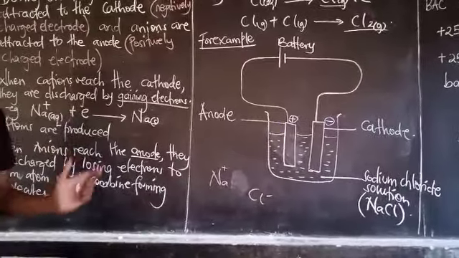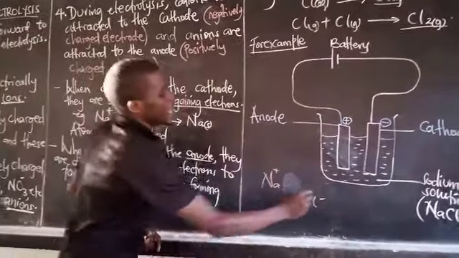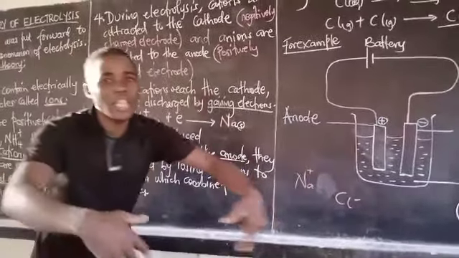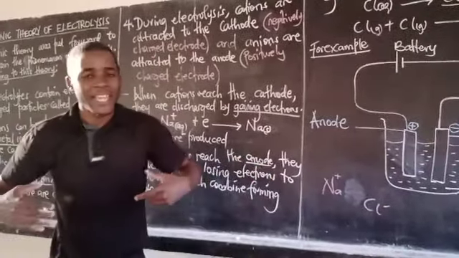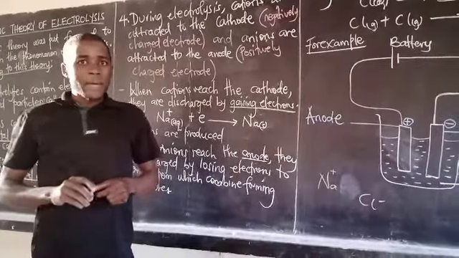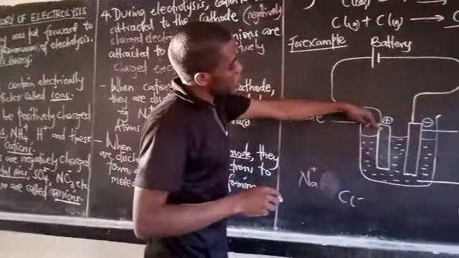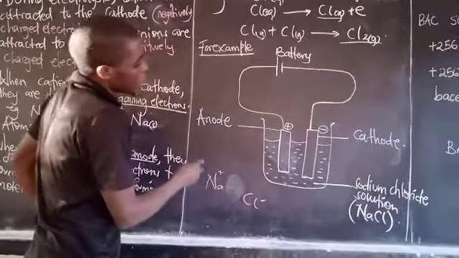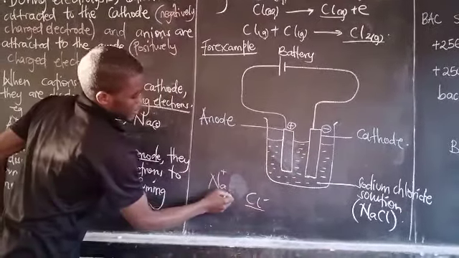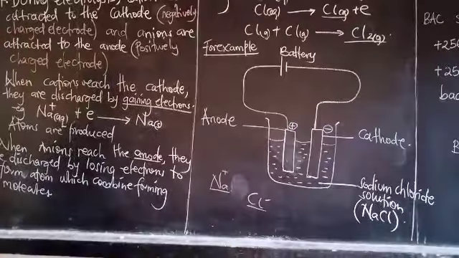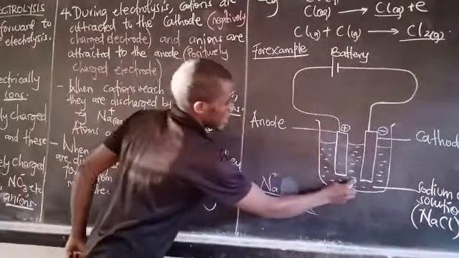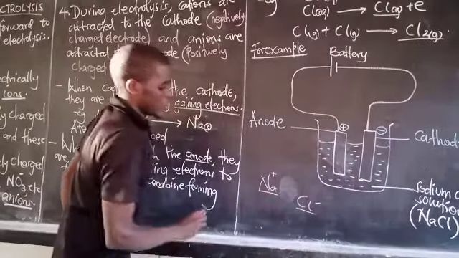In this solution, they are just scattered anywhere. But the moment you connect the terminals to this electrolyte, you are trying to orient these ions in different directions. They will move. You have here sodium and chloride ions.